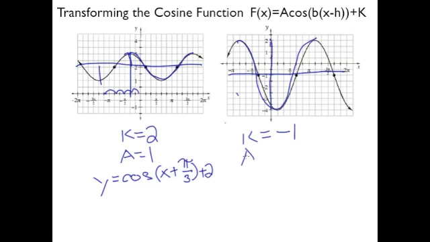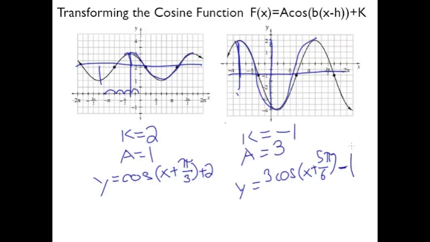The amplitude equals 3. Now, what's this value here? This value here is actually 5 pi divided by 6. That means the equation would be y equals 3 cosine x plus 5 pi over 6, because remember it's broken into 6 parts, minus 1.